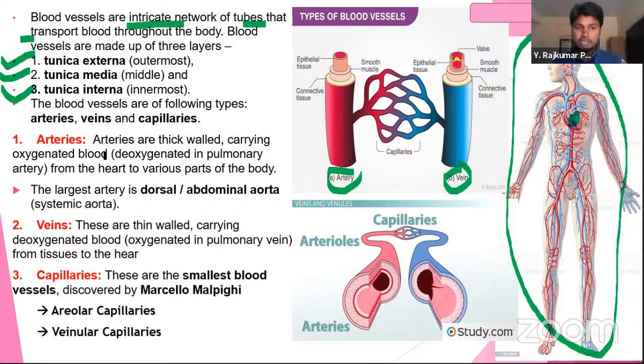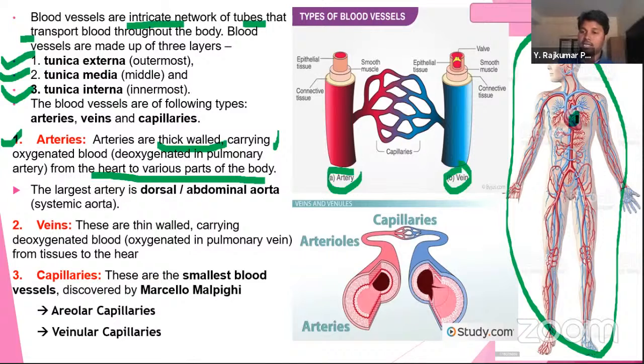Let's see. First, arteries. Arteries are also blood vessels, but they are thick-walled. Their walls are thick, and they carry oxygenated blood from the heart to various parts of the body. They appear in red color. Here in the diagram, you can see there are red-colored vessels.